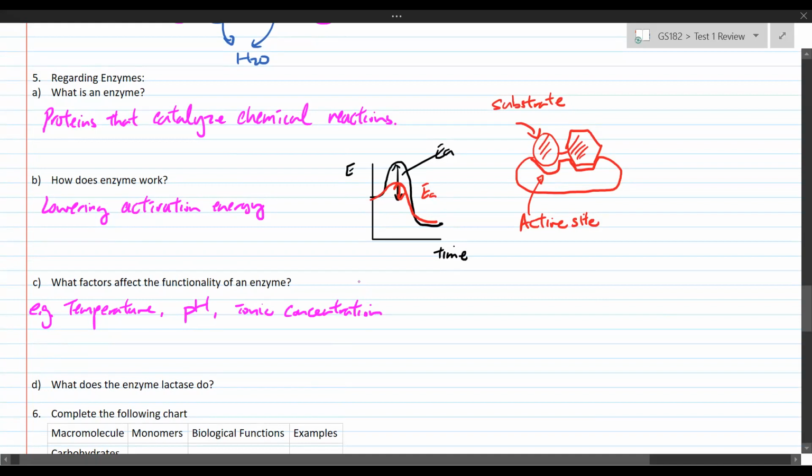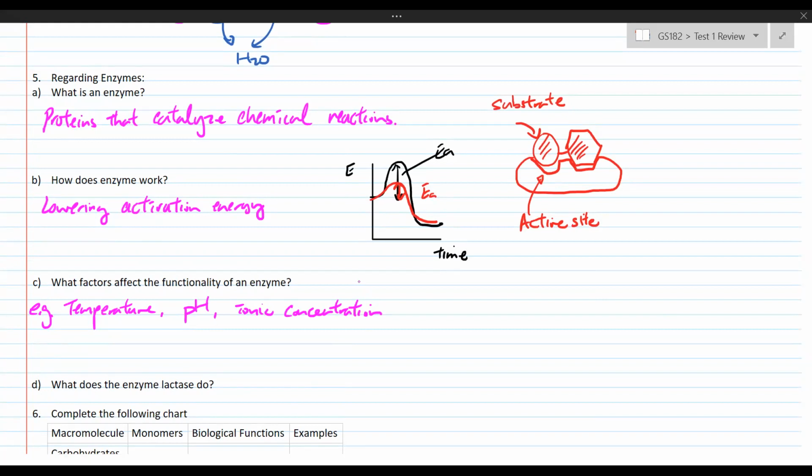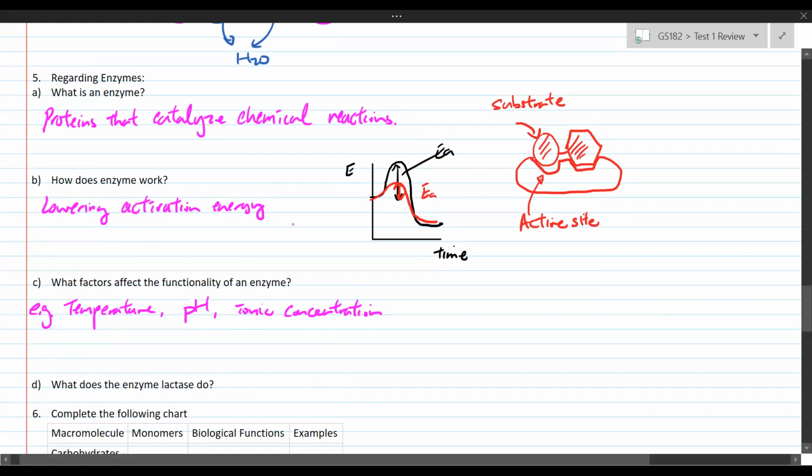All these things are going to affect the enzyme by altering its shape. So anything that affects the shape, also called conformation, of a protein.